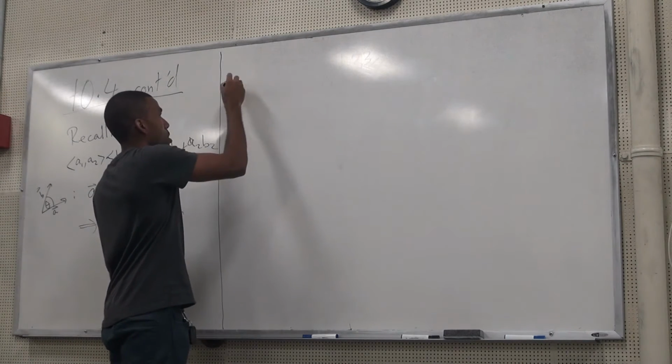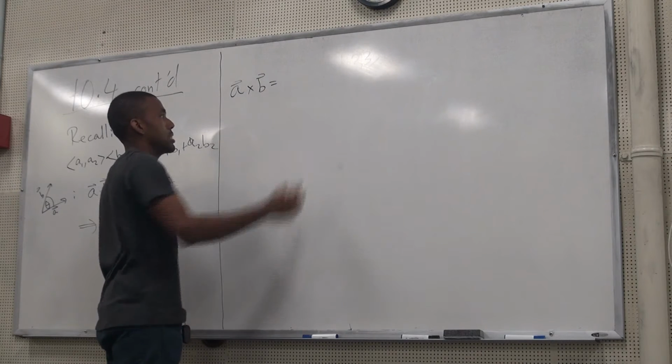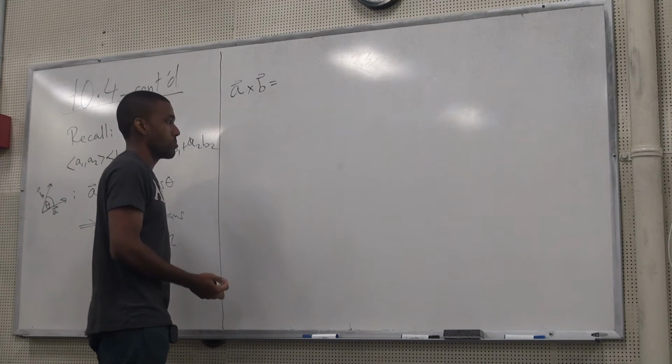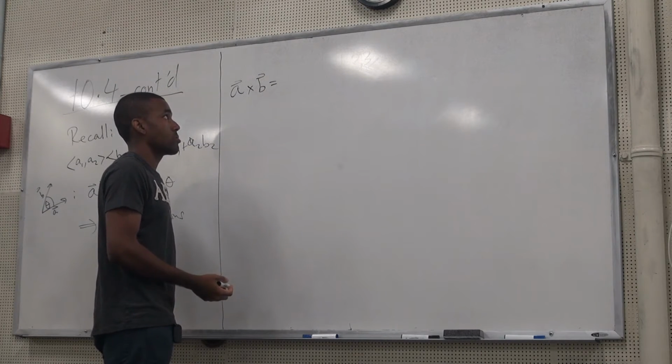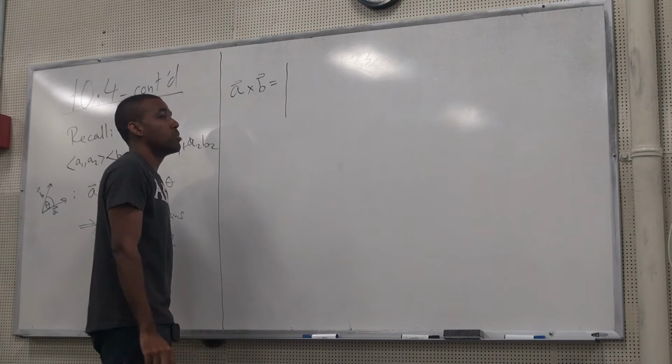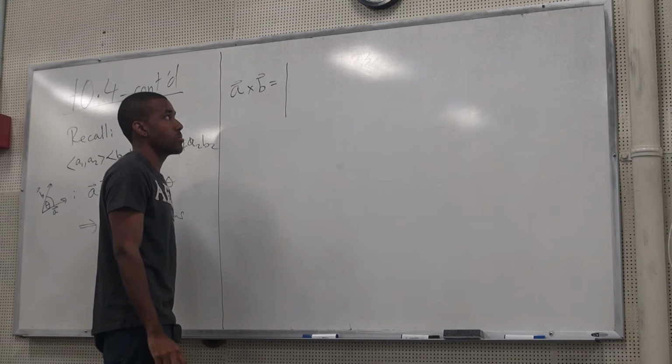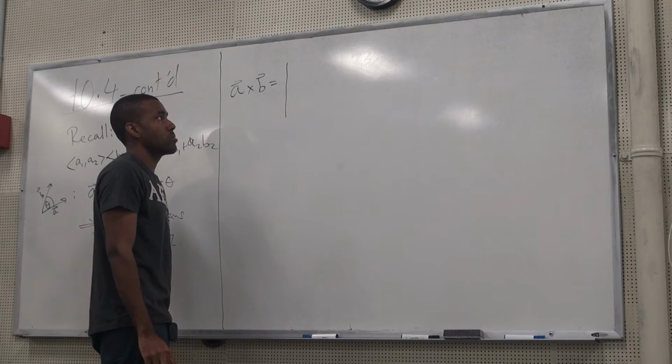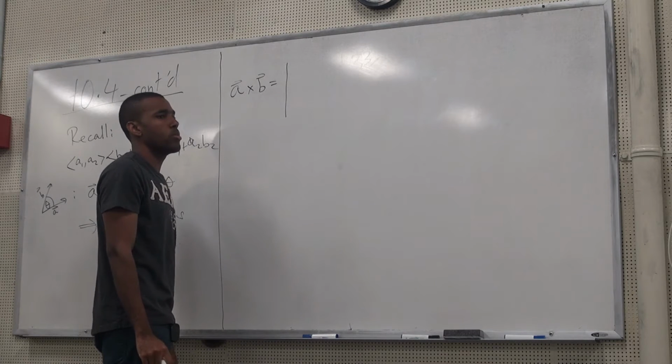What did we learn about the cross product? How was it defined? Give me the shortcut. Not the formula with the angle.